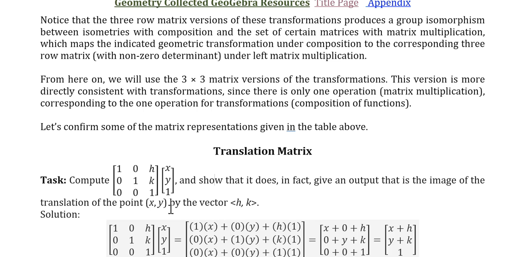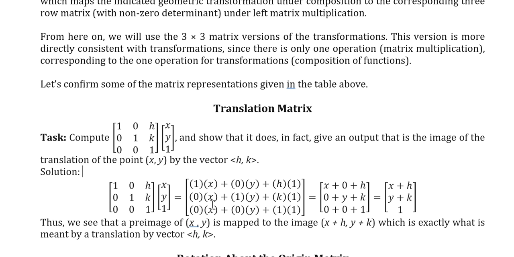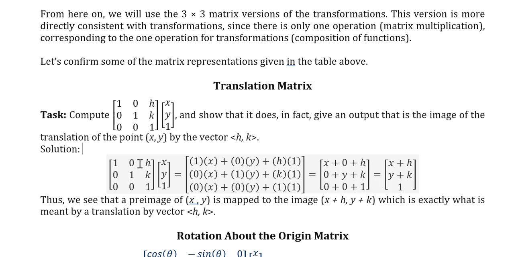Okay, well, hopefully you did that, and now you're back and have worked this out, but here are the details. Notice that when we take the first row here, 1 0 h, times (x, y, 1), we get 1 times x plus 0 times y plus h times 1. Well, 1 times x is x. The 0 times y goes away, and h times 1 is h, and so we get x plus h.